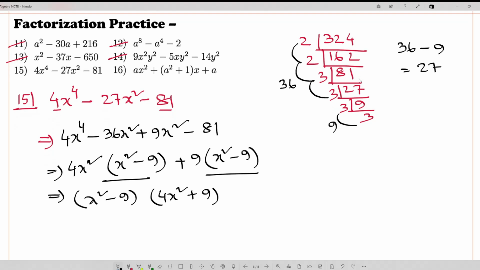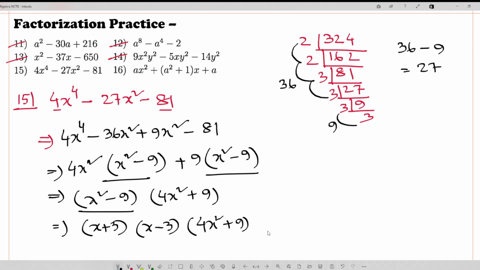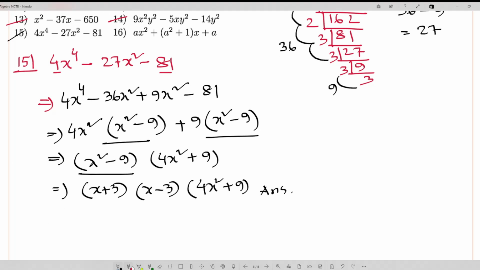Then this one looks like a square minus b square, so we can write x plus 3, x minus 3, and 4x square plus 9. This is our answer. So number 15 done, and our last math of this video, number 16.